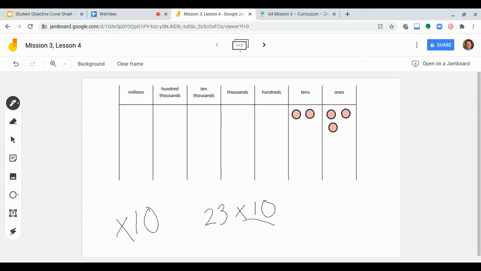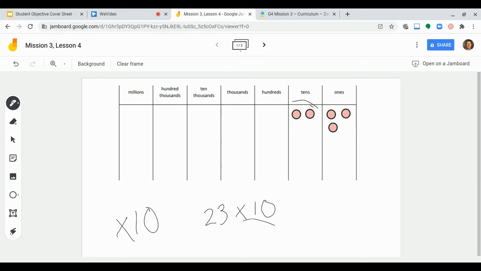Now, if you recall back from Mission 1, we talked about what happens to each number in each place value when you multiply times 10. If we multiply times 10, every place value moves to the left 1 spot.